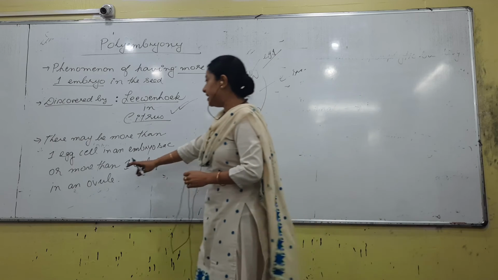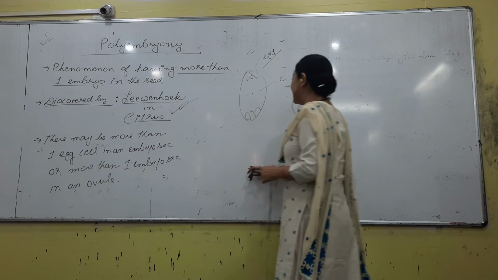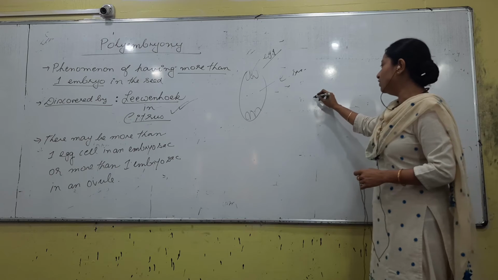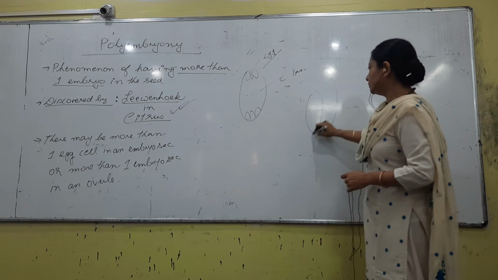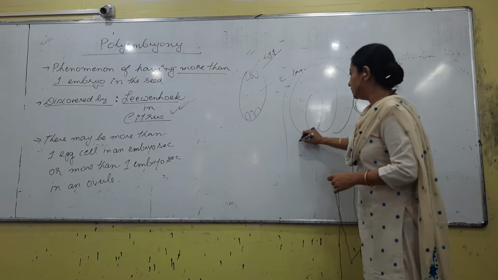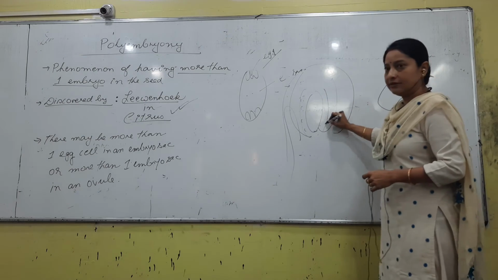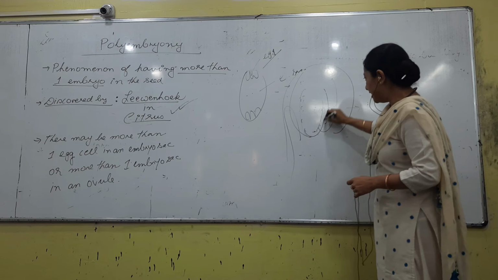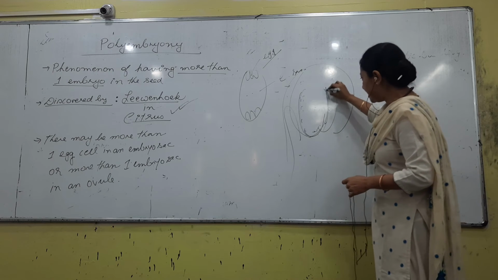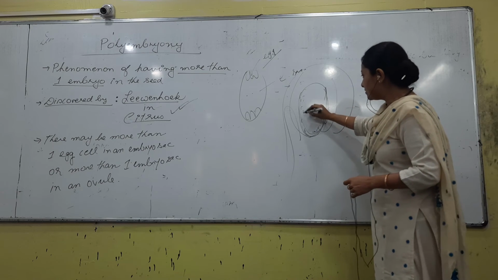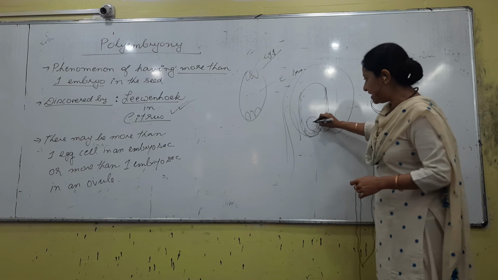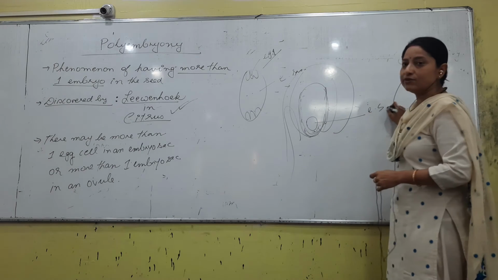The second reason is there could be more than one embryo sac in the ovule. Talking about the ovule, no? What is here? Nucellus. Right? The nucellus is made of cells. If you are talking about this as the entire nucellus, one cell of the nucellus enlarges to form what? The embryo sac.